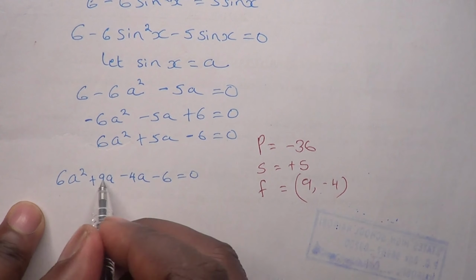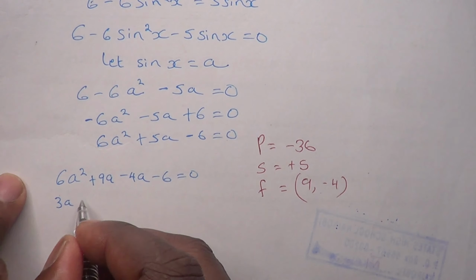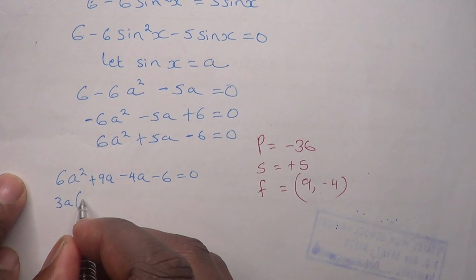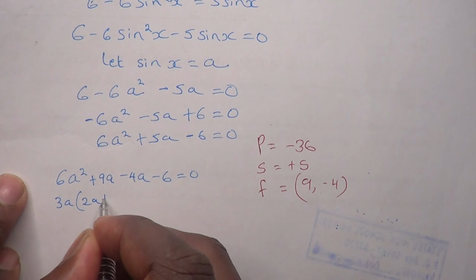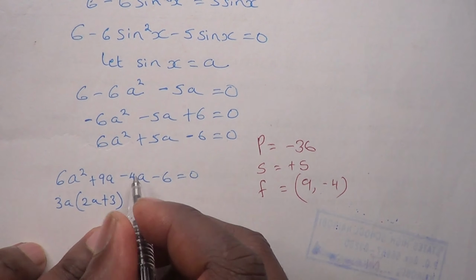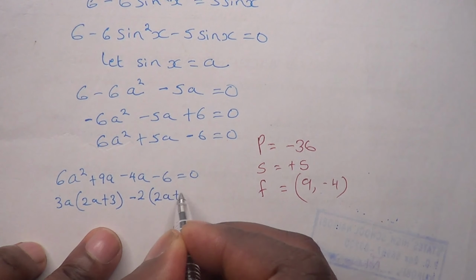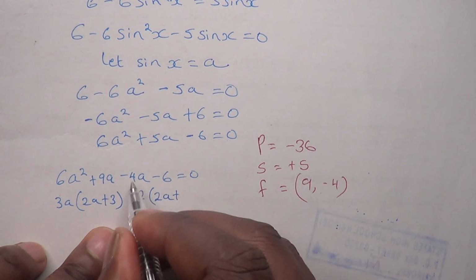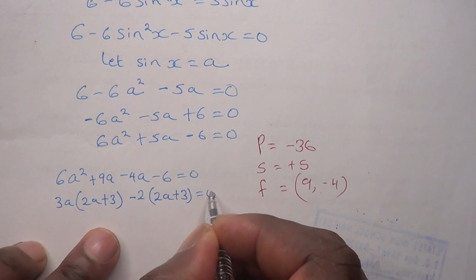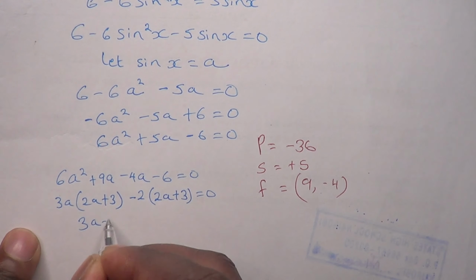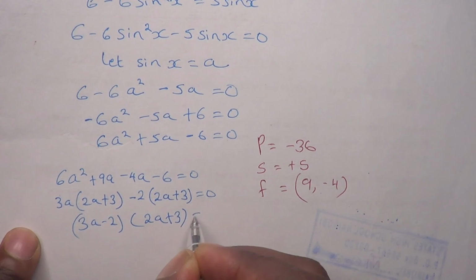So the common factor of the first two terms will be 3a: 3a times (2a plus 3), minus the common factor here, which is 2, times (2a plus 3), because negative times positive will give us negative, equals 0. Now I will take (3a minus 2)(2a plus 3) equals 0.